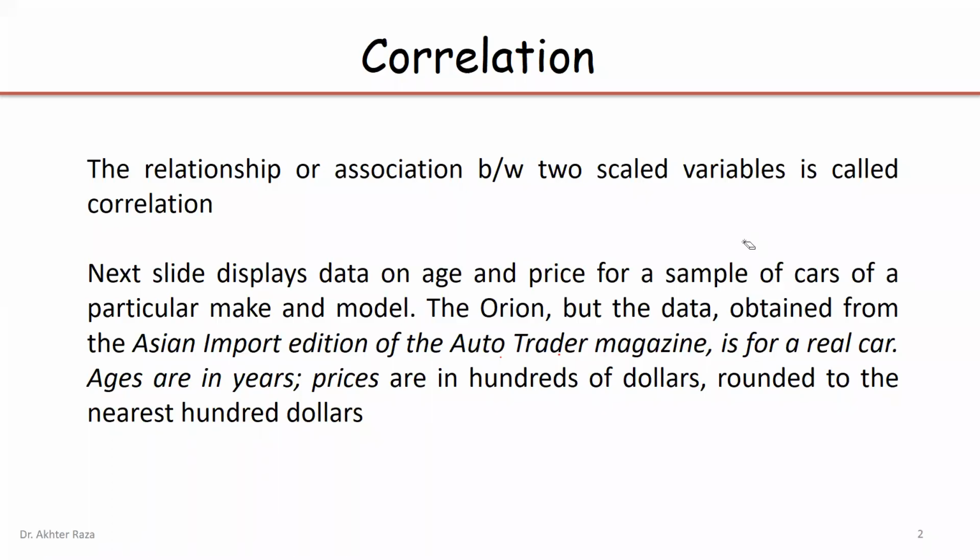Two variables which are used in this presentation are the age of car and the price of car. Both variables are scaled, quantitative variables, and we want to check whether there is an association between the age and price of the cars.